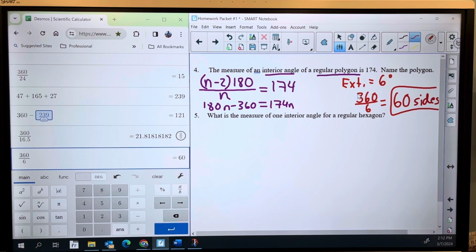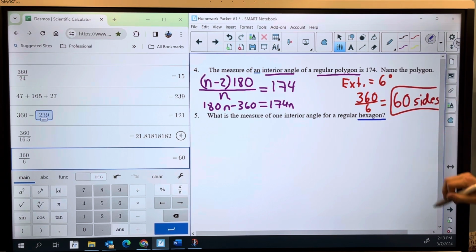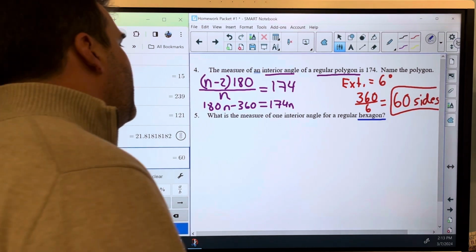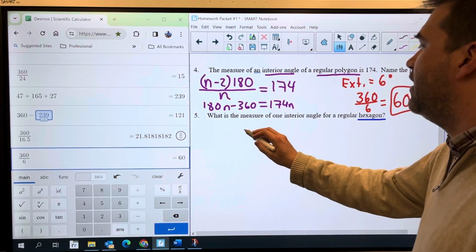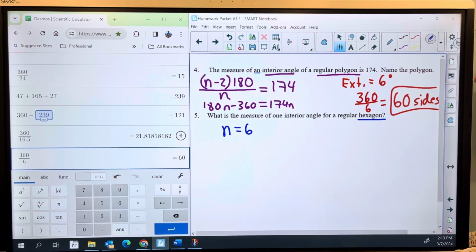Number 5. What is the measure of one interior angle for a regular hexagon? All right, this is the one where we kind of depend on our vocabulary coming through. We need to really think. And remember that a hexagon has 6 sides. So when we talk about a regular hexagon, we're talking about 6 sides. So n equals 6 is my little regular reminder.